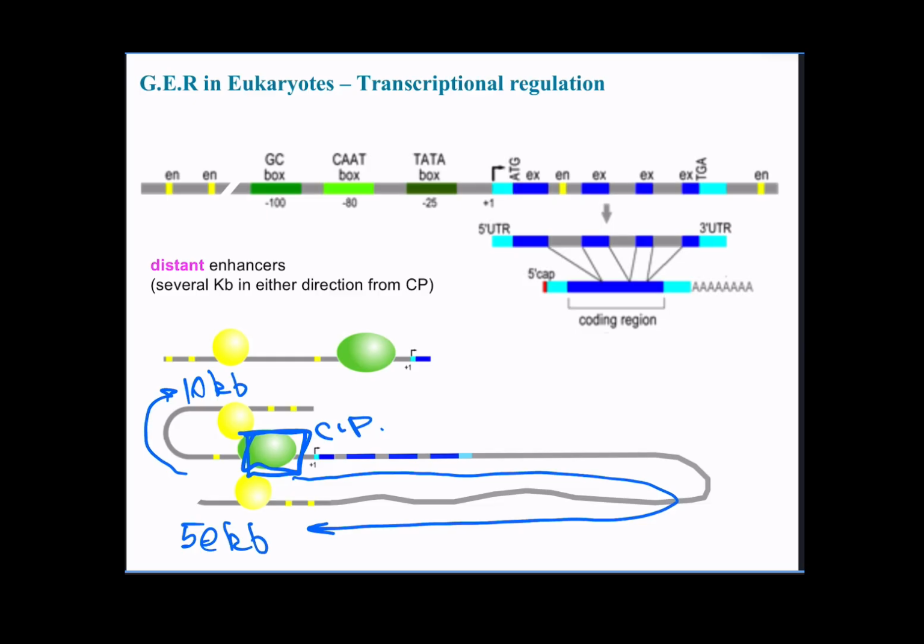Now we know a little better, and now we know that there are enhancers that can also repress the expression of their target genes. So you can have enhancers that are far away from their target gene from a DNA sequence perspective, but because of DNA looping, the proteins, i.e. transcriptional repressors bound to them, can get really close physically to the core promoter and inhibit the expression of those genes.